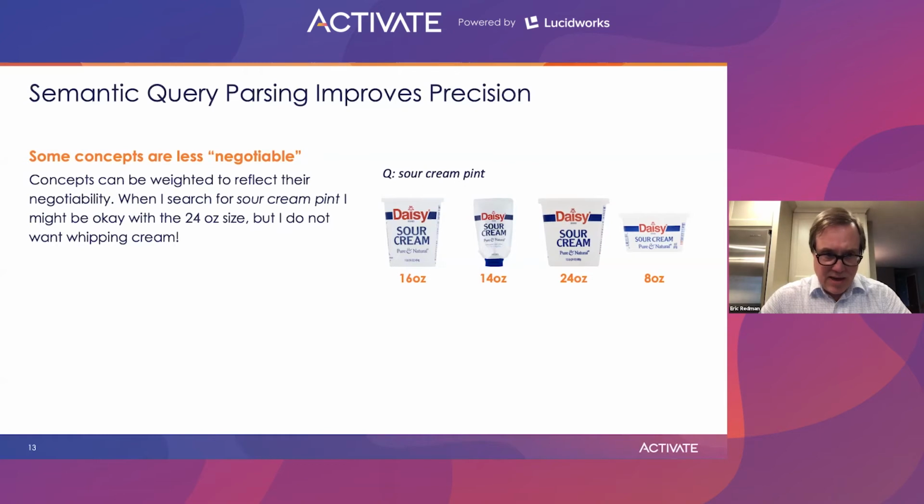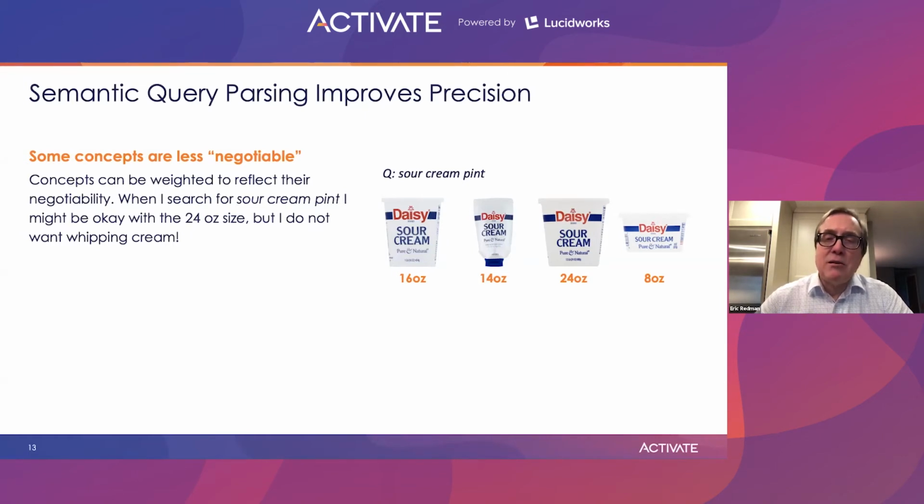We might say that some concepts are negotiable and some are not negotiable. So in this example here, I'm searching for sour cream pint. I want a pint of sour cream. And the sour cream part is not negotiable. It's not helpful to me that if you don't have a pint of sour cream, you show me a pint of whipping cream. I need sour cream.